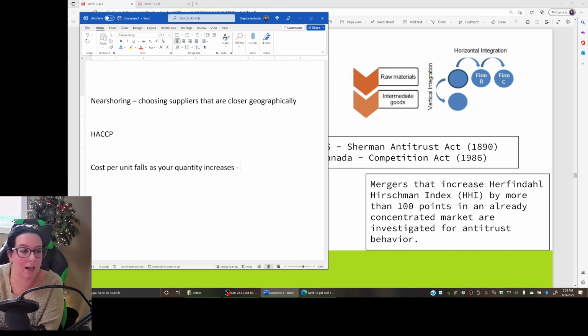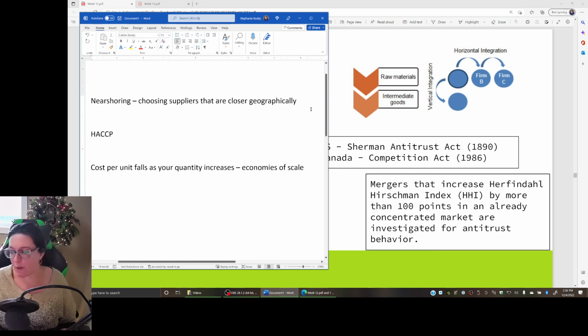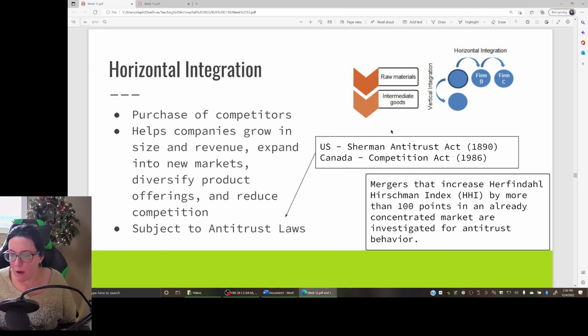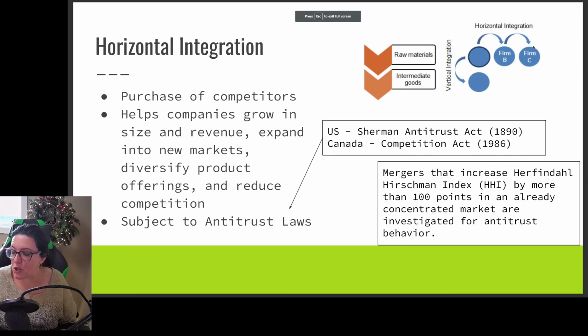What do we call that? We call that economies of scale. And so one of the reasons to take over the competition, or horizontal integration, is to help achieve those economies of scale.